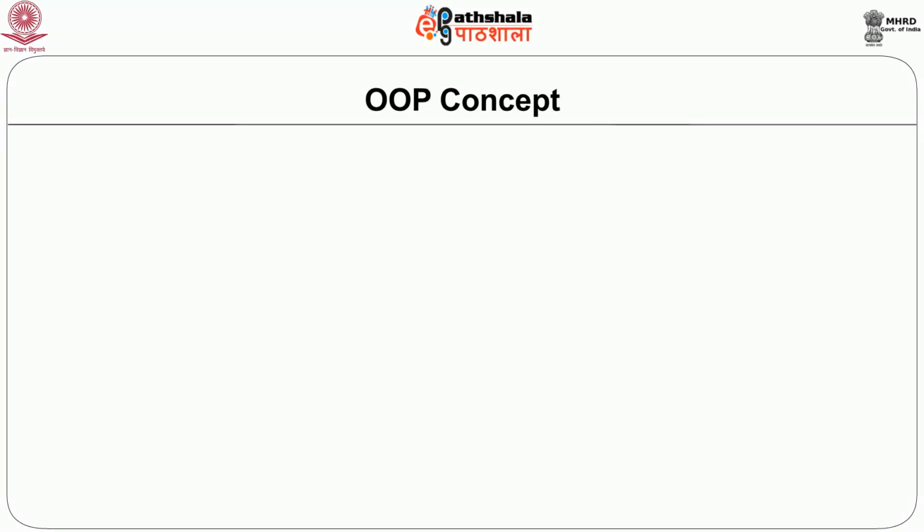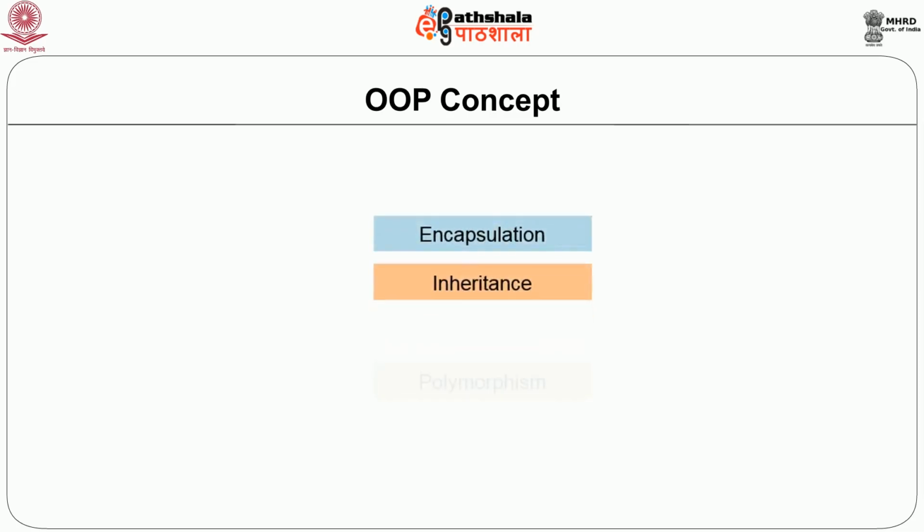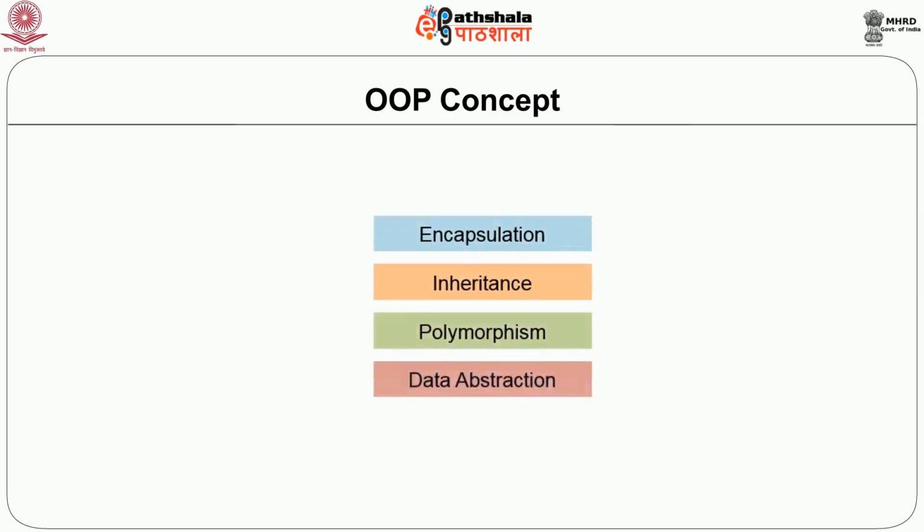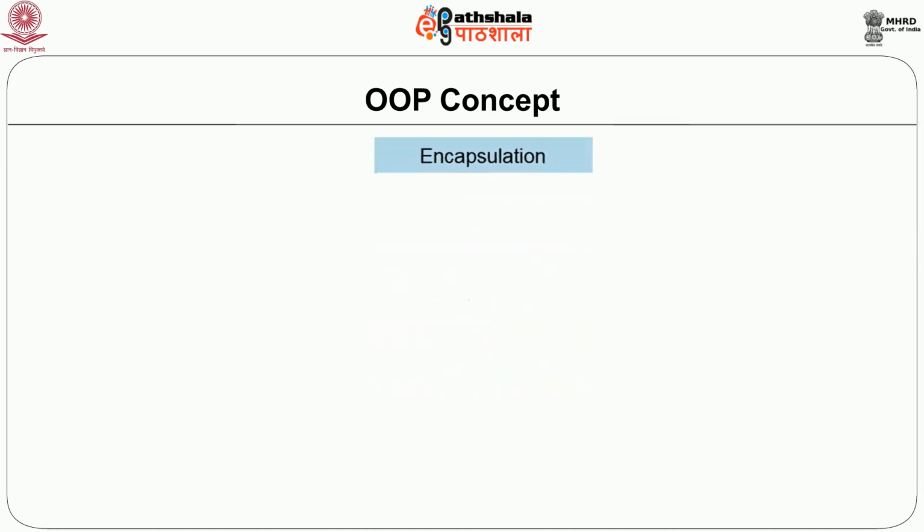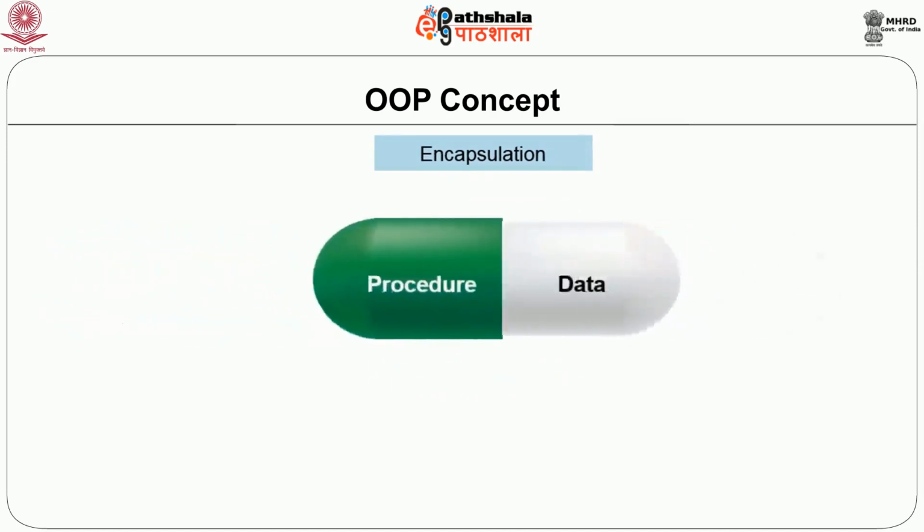Any object oriented programming has 4 concepts: encapsulation, inheritance, polymorphism, and data abstraction. Let us discuss them one by one. What is encapsulation?